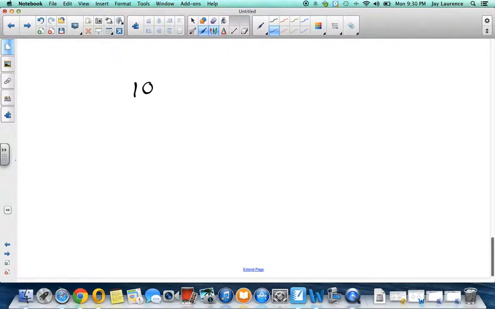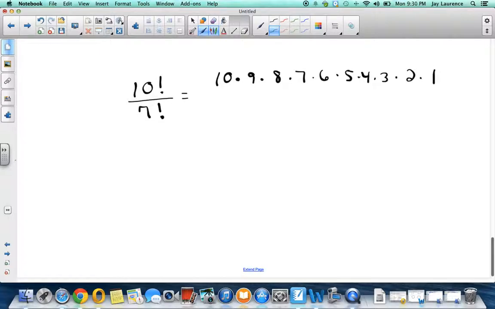But I do want to point this out to you. What if I had 10 factorial and I was dividing by 7 factorial? Well, 10 factorial would be this, and 7 factorial would be 7 times 6 times 5 times 4 times 3 times 2 times 1.